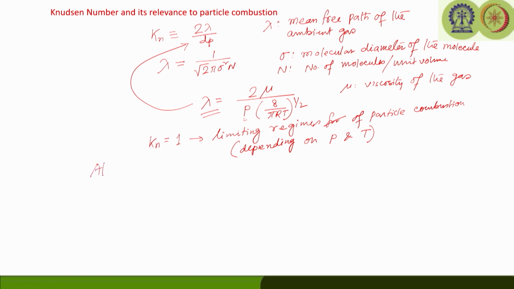Now, if you consider pressure equal to 1 bar or 1 atmosphere, and the particle diameter is of the order of 100 nanometers or even smaller, the Knudsen number will be close to 1.